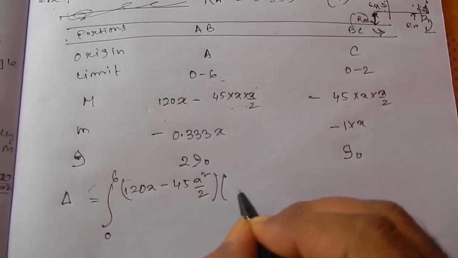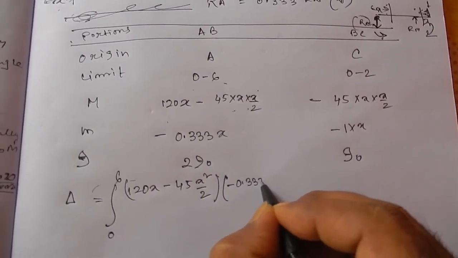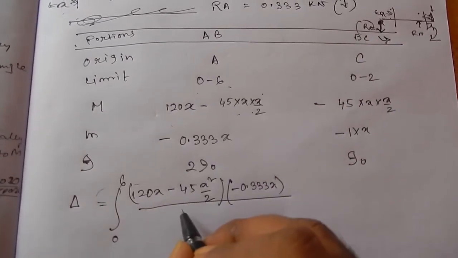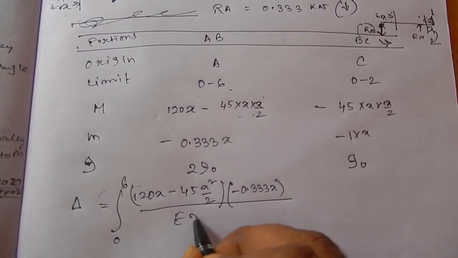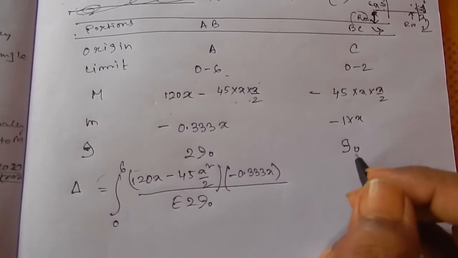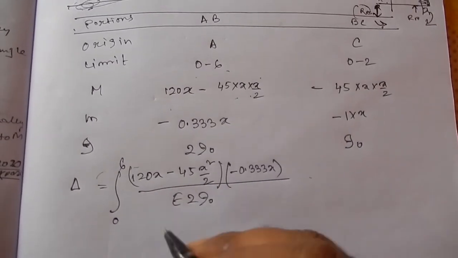What is the small m? Small m is this one, minus 0.333x divided by EI, that is E2I, right? You can say this is the AB part.